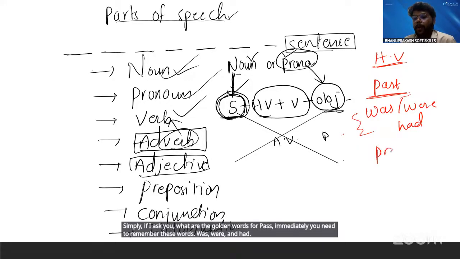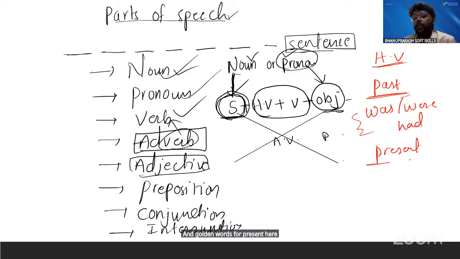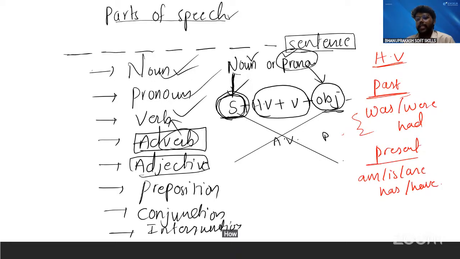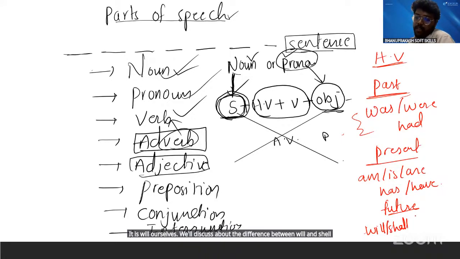And the golden words for present are am, is, are, has, have. These are the golden words for present. And for future, it is will or shall. We'll discuss the difference between will and shall in the next class.